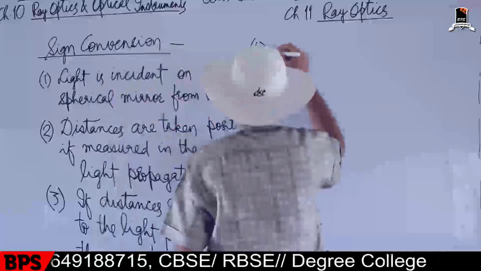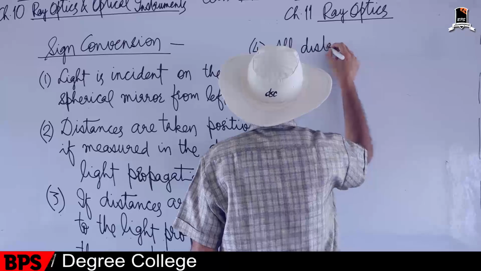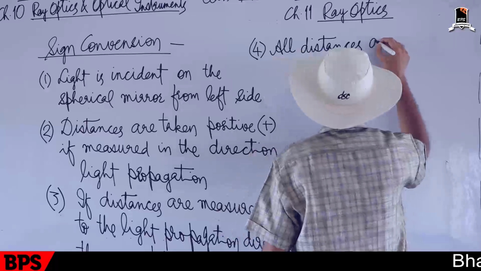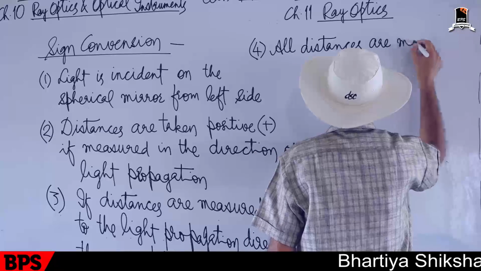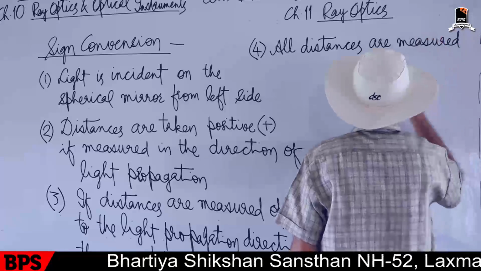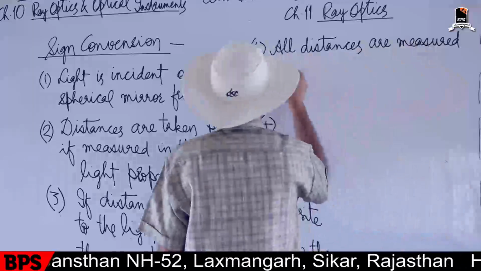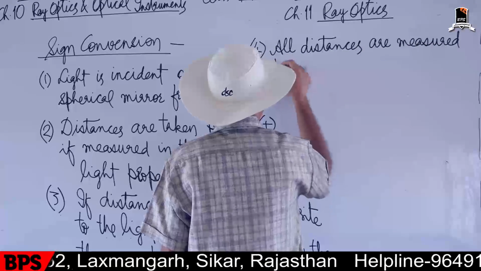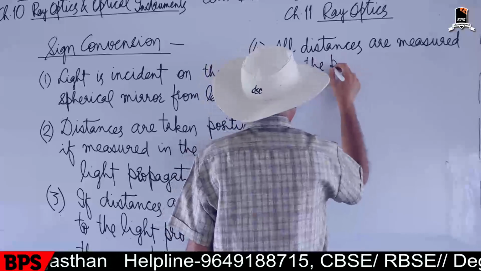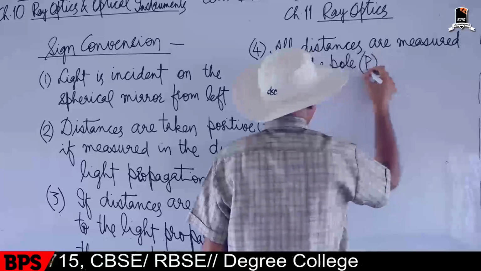So, all distances are measured from the pole P of the mirror.